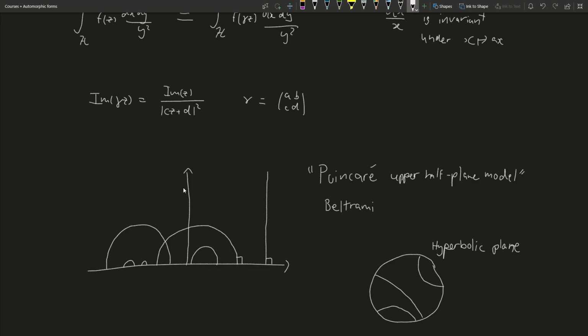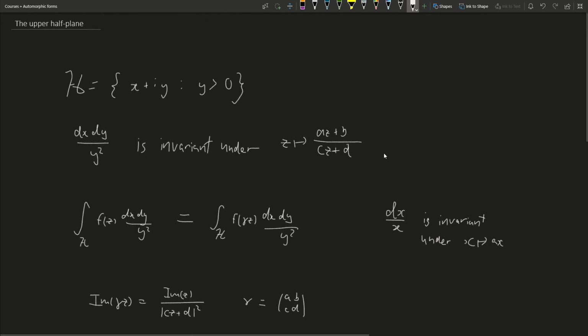And then you also have one point at infinity that's also the edge of the hyperbolic plane. So the edge is going to be the real axis and this point at infinity. And the geodesics look like semicircles. And this metric also, I should say, is called the Poincaré metric.